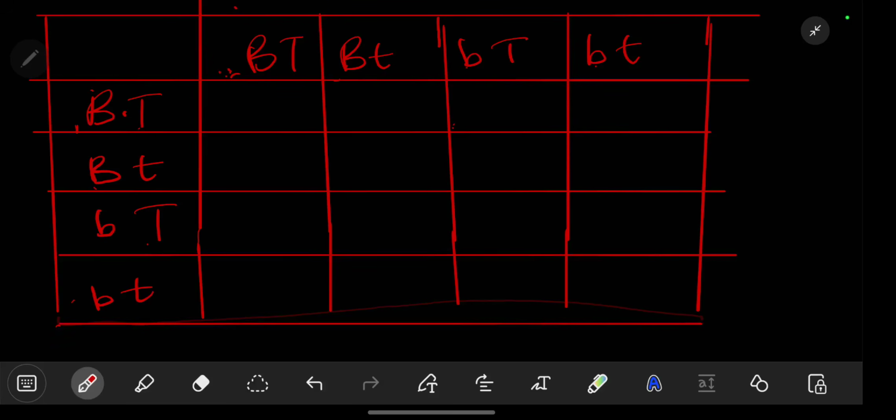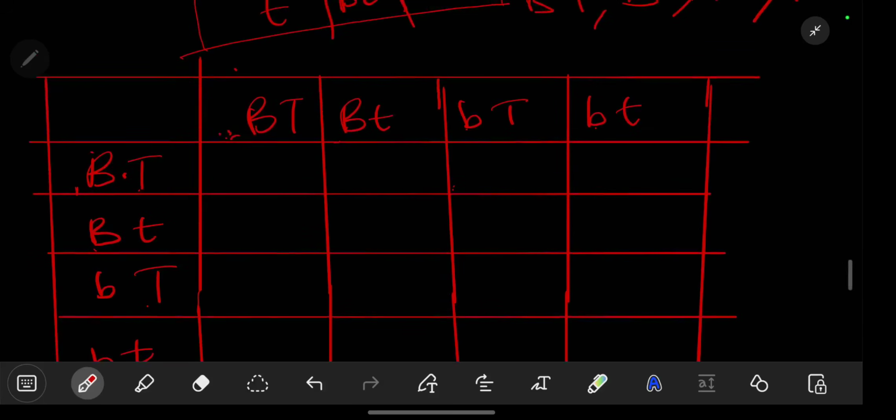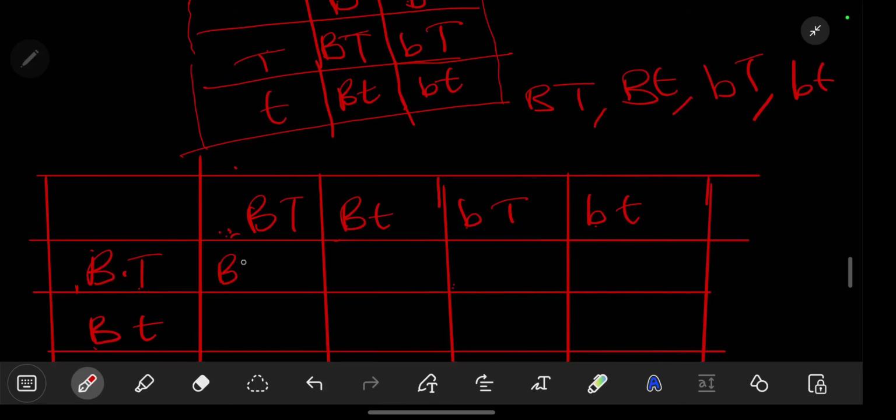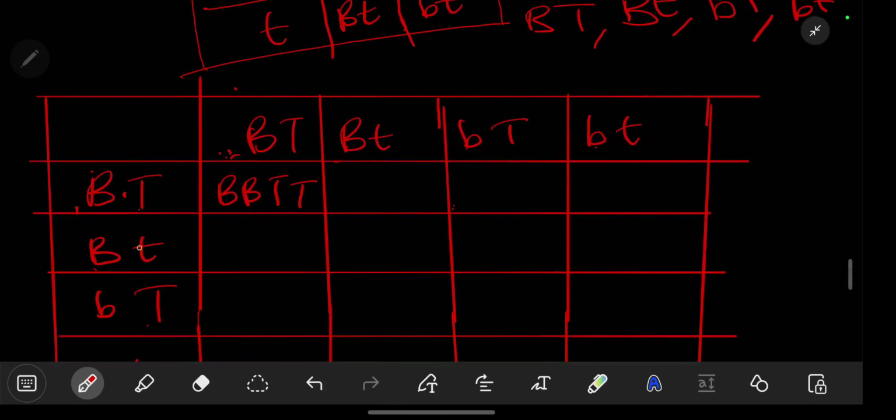Then after that, we're just going to add them. So let's be fast. We have our b, big T, big T. We are on our b, big T, small t. We are on b, small b, big T, big T. We're going to get our b here, big B, T, small t.